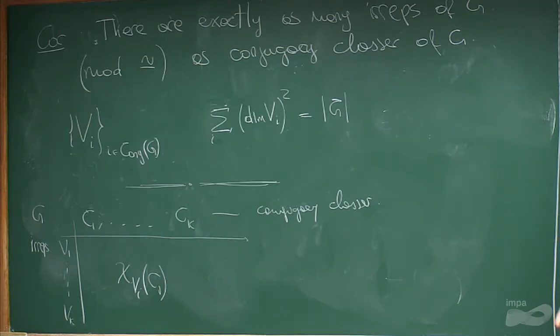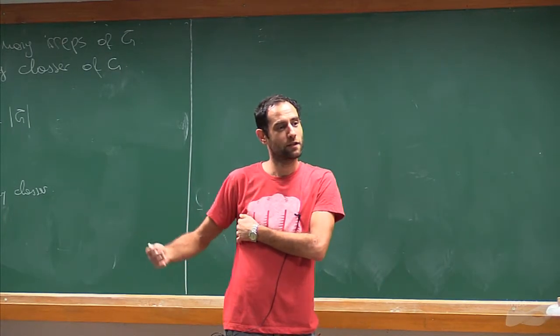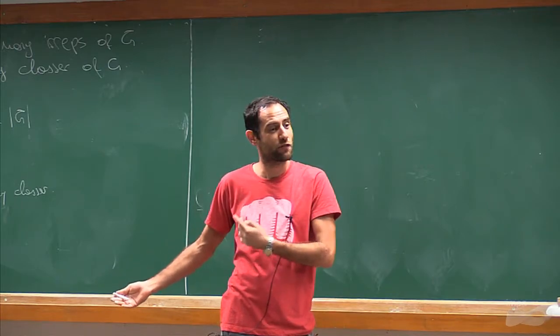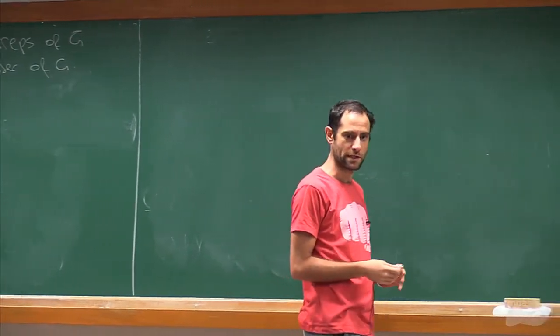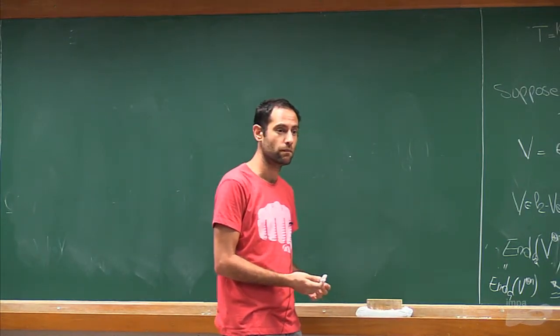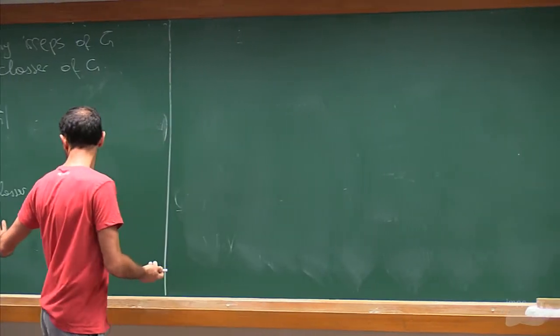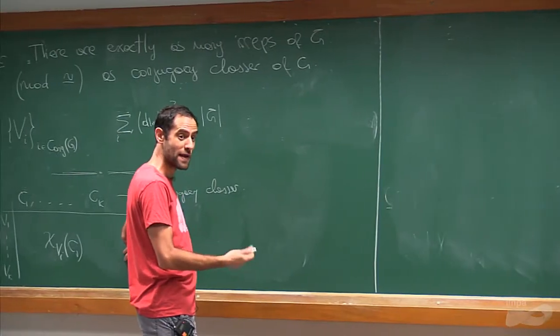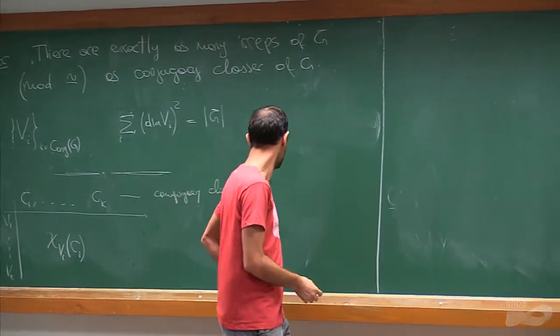For example, people knew that the monster was a group that had a trivial representation of dimension 1, and then an irreducible representation of dimension over 1,000, but they didn't know what the monster was. It's easier to know what a representation is, because computing the traces is easier than knowing the group itself.